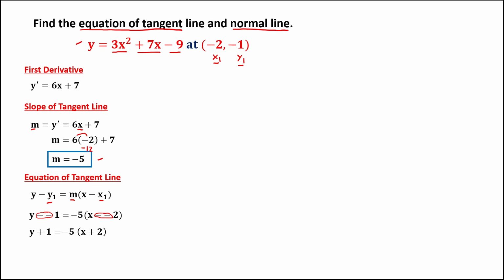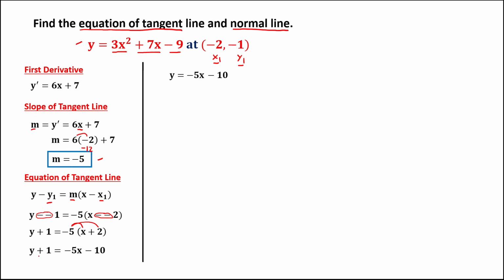Then this becomes y plus 1 equals negative 5 times x, negative 5x, and negative 5 times positive 2, that's negative 10. Then we need to solve for y, so we have y equals negative 5x, negative 10.